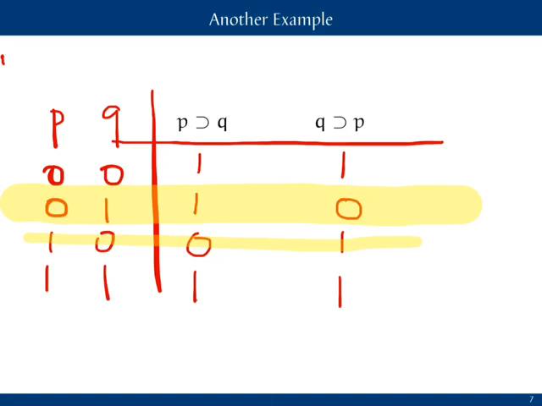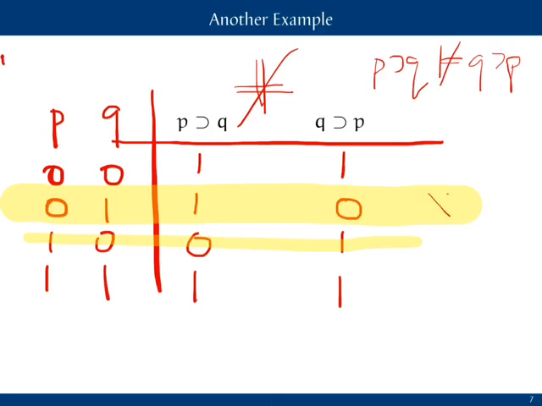So that also shows that they're not equivalent. In fact, P implies Q does not entail Q implies P. Q implies P doesn't follow from P implies Q, because here is a row where the first is true and the second is false, and it doesn't go in reverse either, because here is a case where Q implies P is true and P implies Q is not.